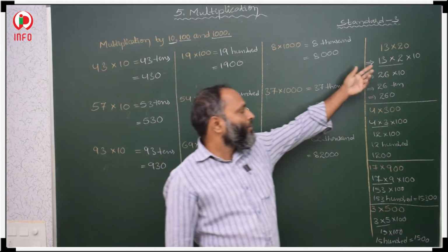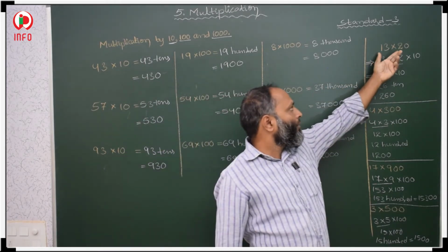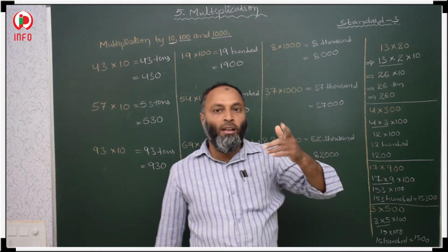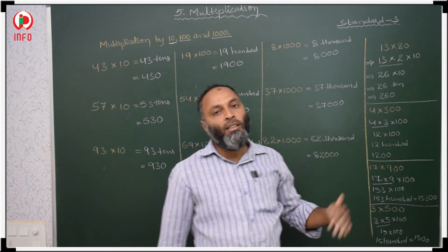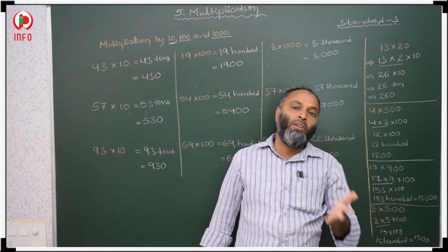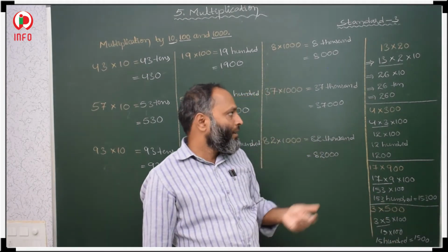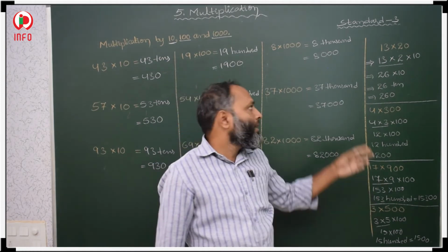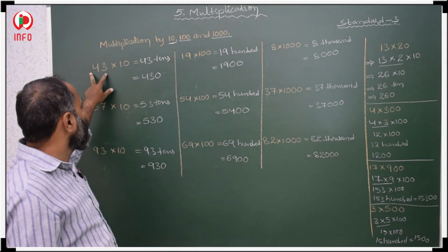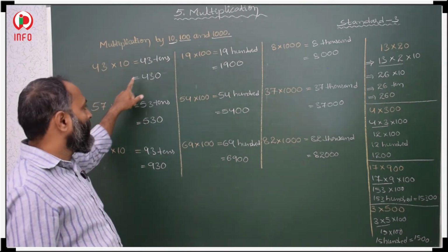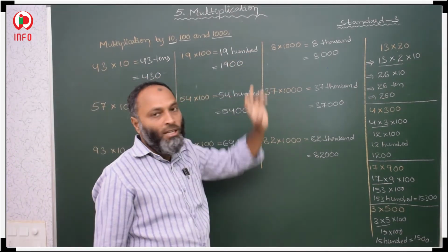So if some questions are given like this, then first you think if it is possible in terms of tens, 100 and 1000. Then first you convert to tens, 100 and 1000, then multiply, and after that we do the rest. Here in this question, the numerals are directly given to multiply with 10, 100, 1000.